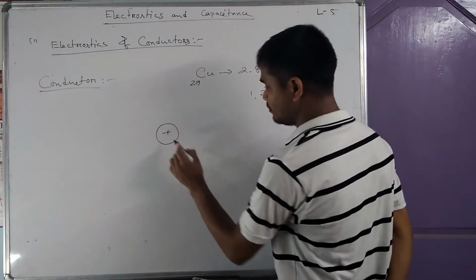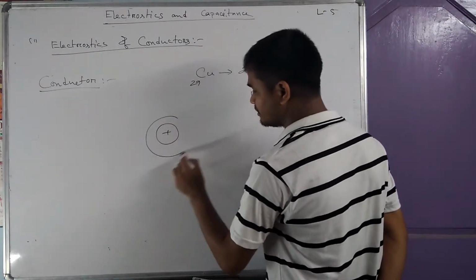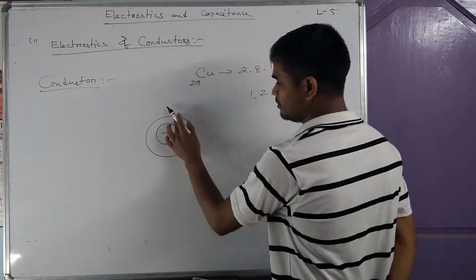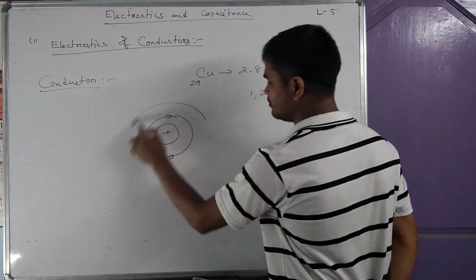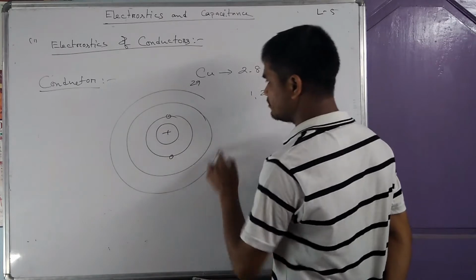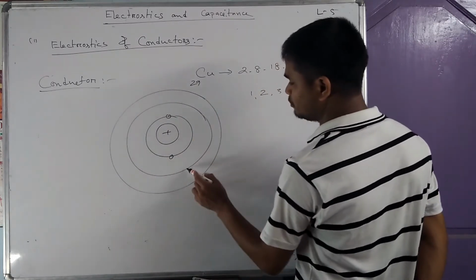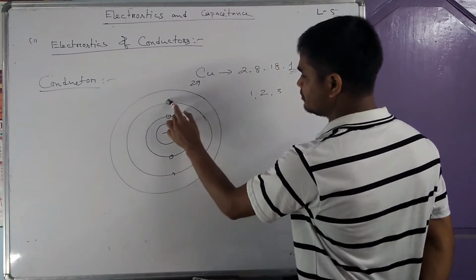So if this is the nucleus, then we can consider this is the first shell, this is the second shell, third shell. There are 8 electrons, like that.